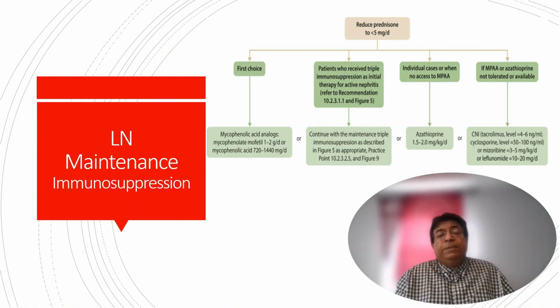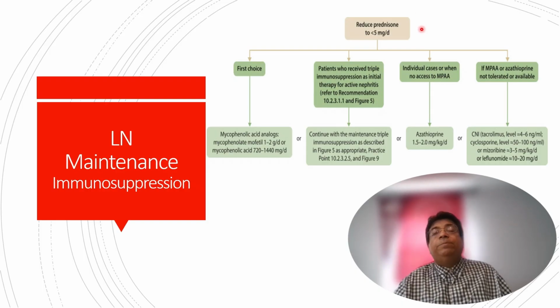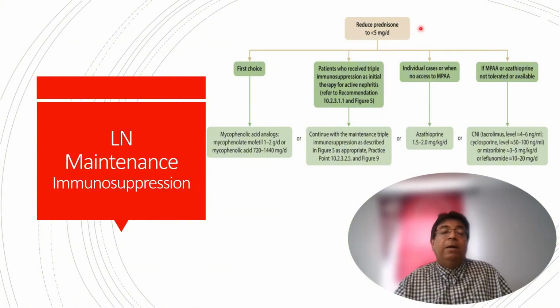For maintenance purposes, you want to reduce that prednisone to less than 5 milligrams per day, or maybe discontinue it. And then for maintenance, and you do need maintenance in lupus nephritis, the first choice is mycophenolate. If you used voclosporin, then you should continue with voclosporin and mycophenolate.